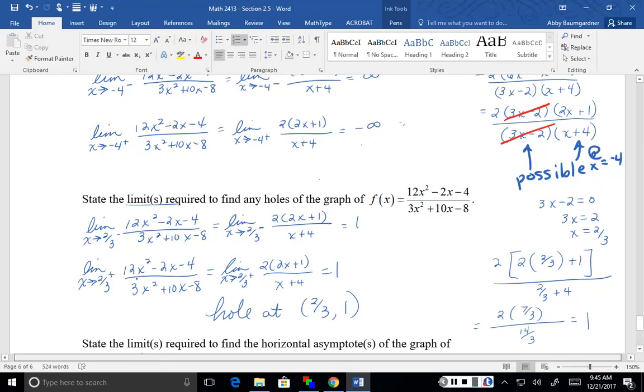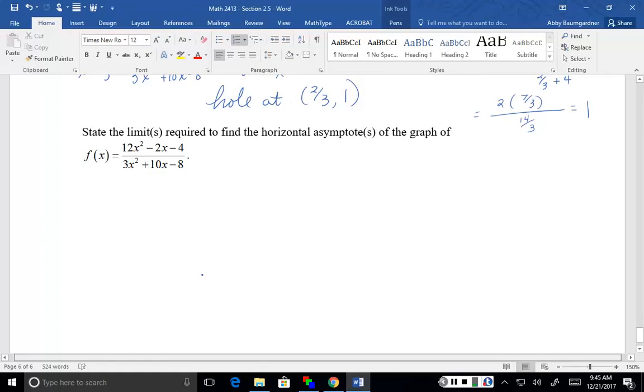And that only happens if something canceled. So for a rational function where something cancels, you plug that 0 into the limit and evaluate, and the corresponding answer is the y value for where the hole occurs.